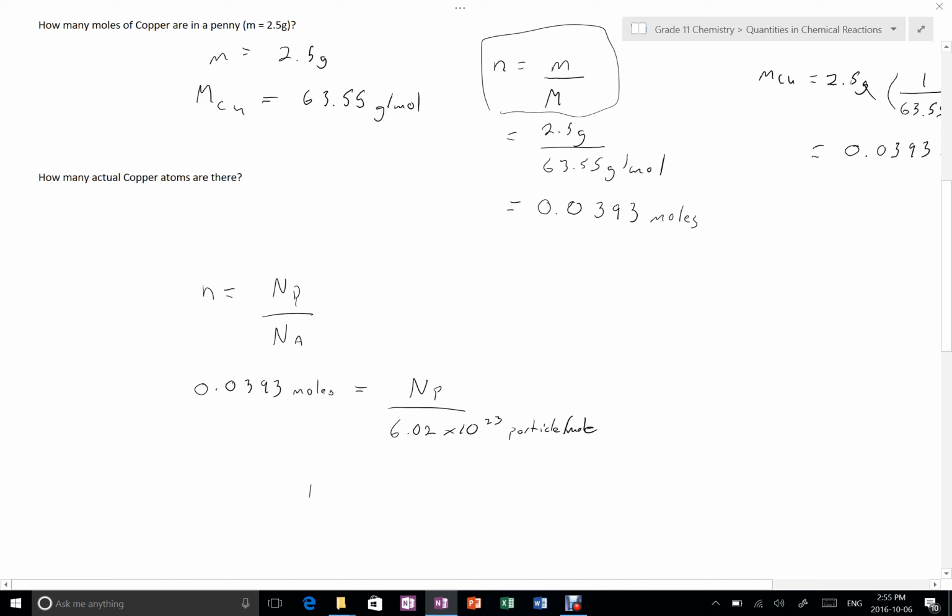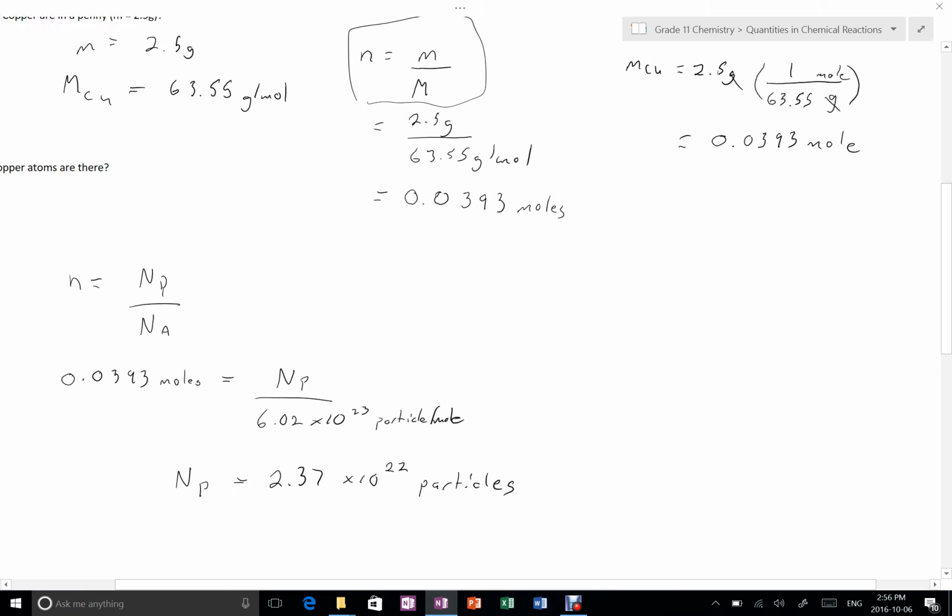And so multiplying this out, I got 2.37 times 10 to the 22 particles. So that would be how many actual copper atoms there are in a penny.